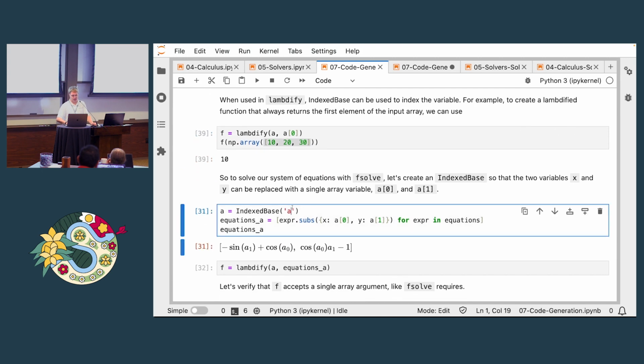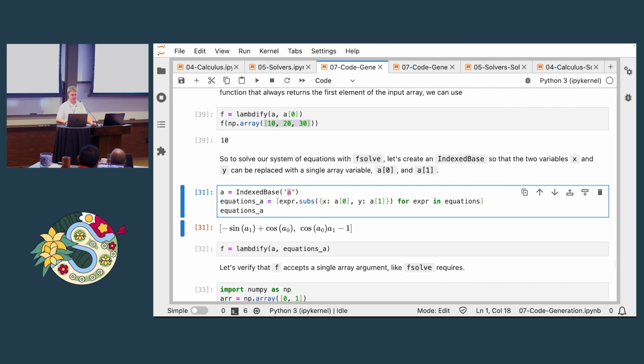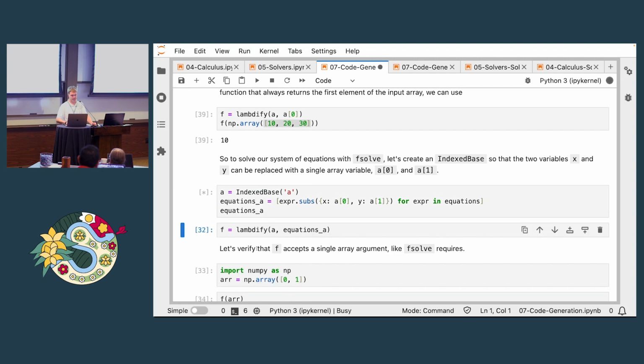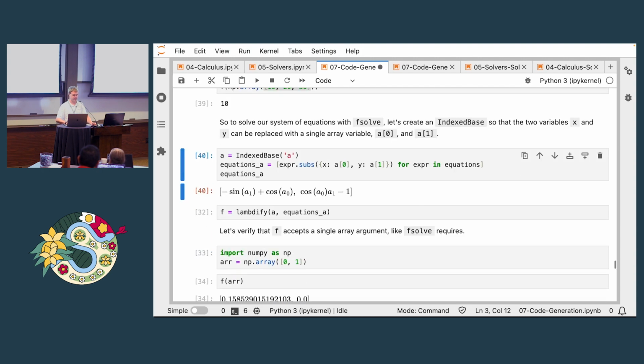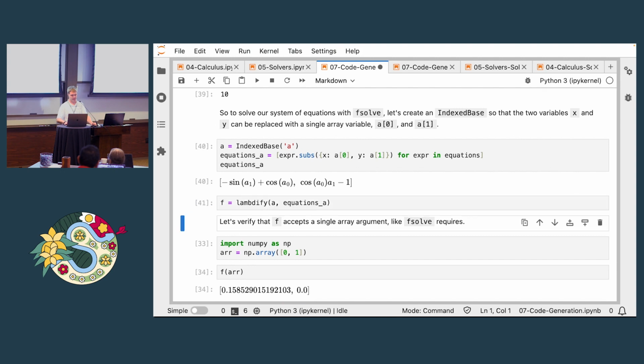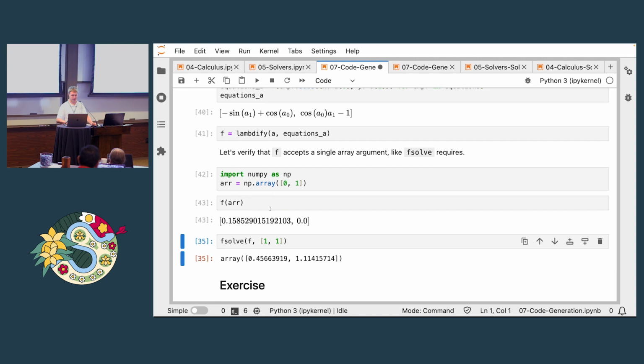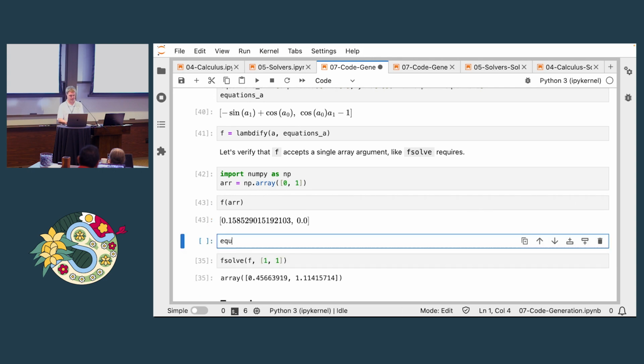To solve our system of equations, we just need to create one of these indexed variables and then replace x with a[0] and y with a[1], so that we have something that we can actually pass to fsolve. Now if we lambdify this, we can verify that it works the way we expect it to. I guess we could also really verify it by actually substituting in the original equations.